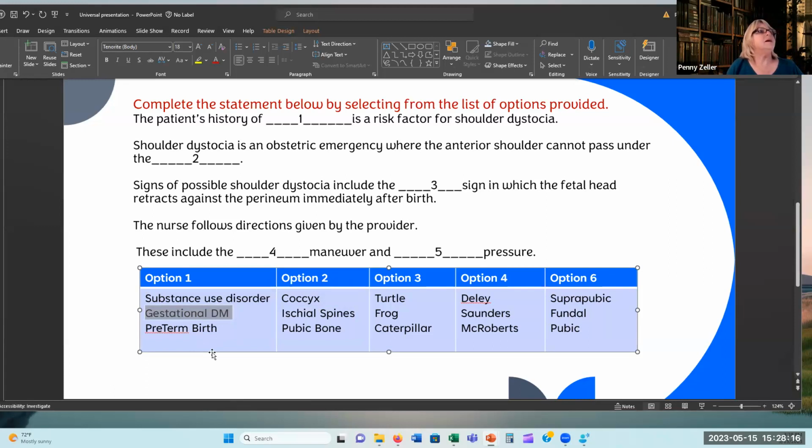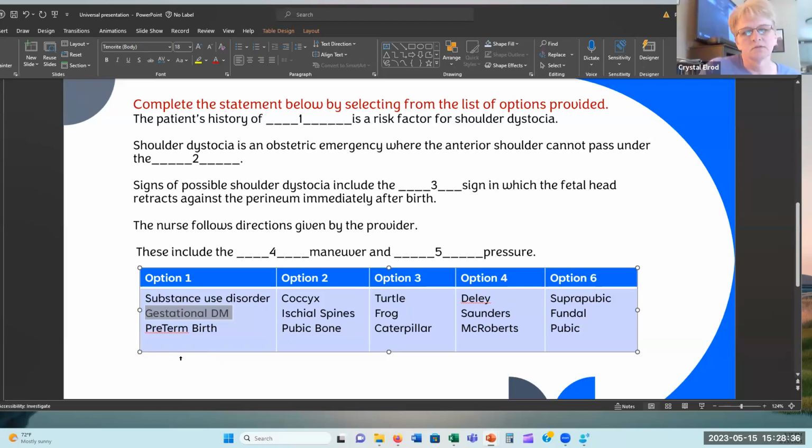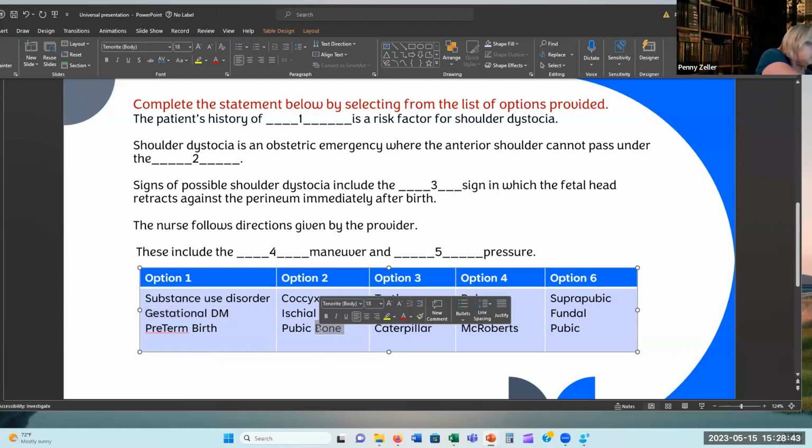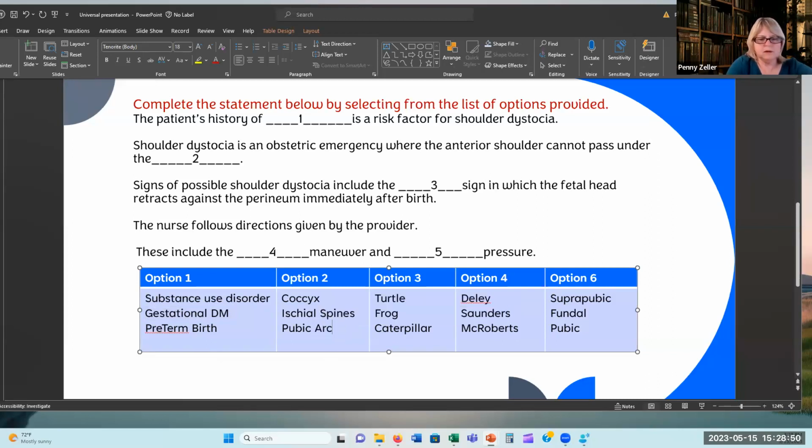What about the anterior shoulder cannot pass under what? In other words, as the baby is descending, navigating through that canal, that anterior shoulder can't pass under what? The pubic arch? Yeah, it's the pubic arch or the pubic bone. Either one.